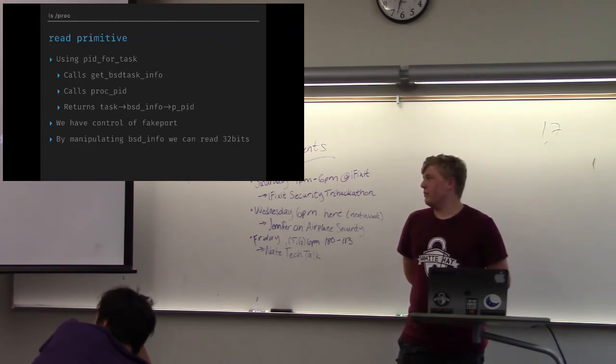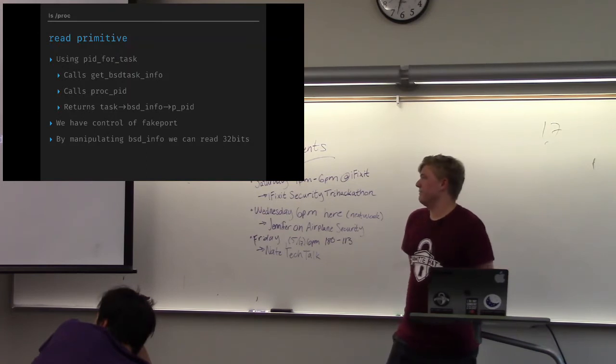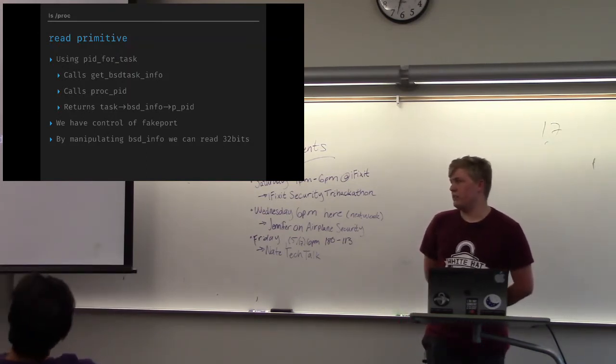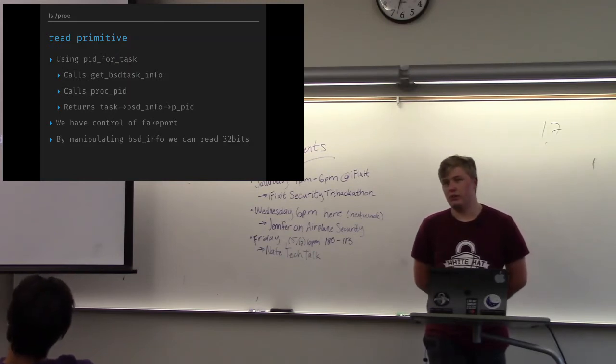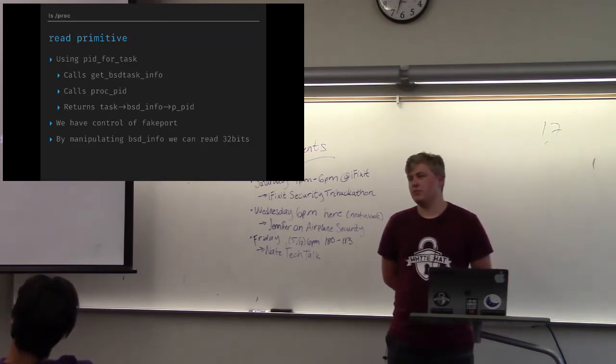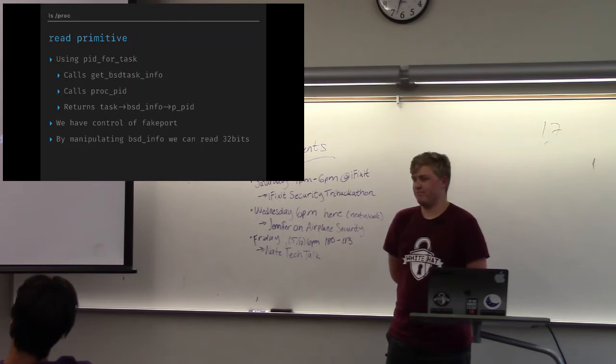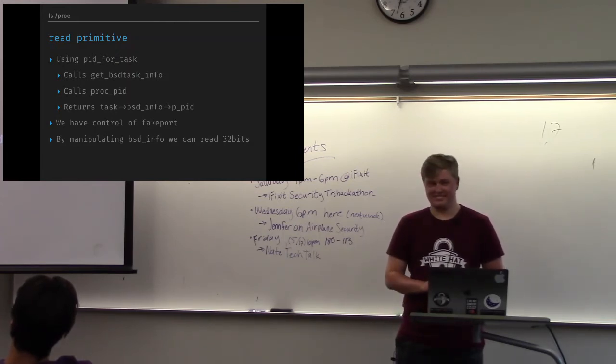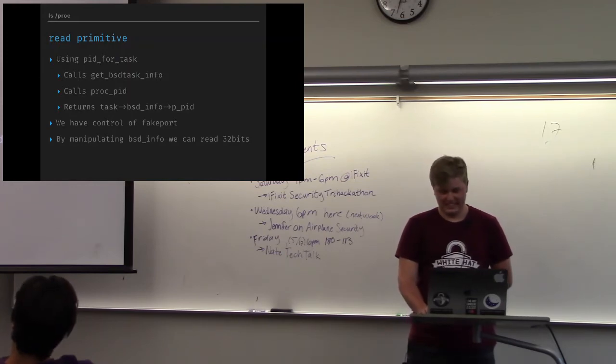So basically, we can control FakePort and pass it to getBSDTaskInfo, and it will return some amount of kernel memory. Does that make sense? Yeah? Cool.